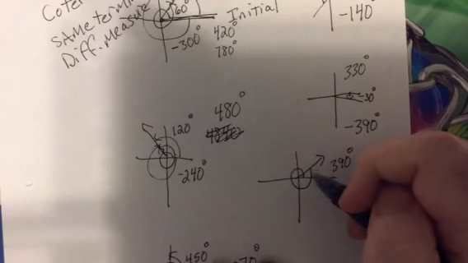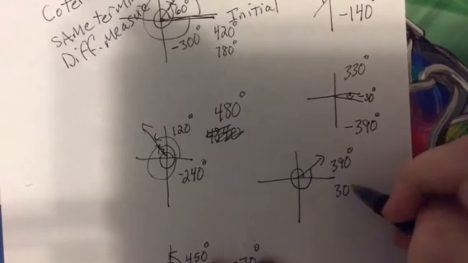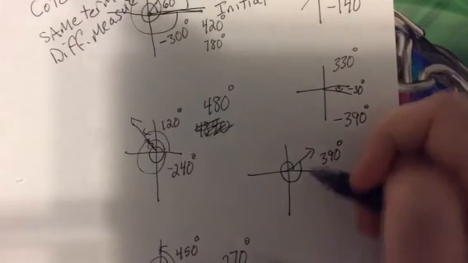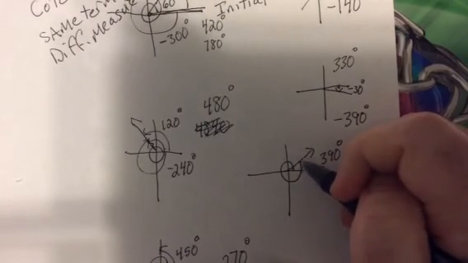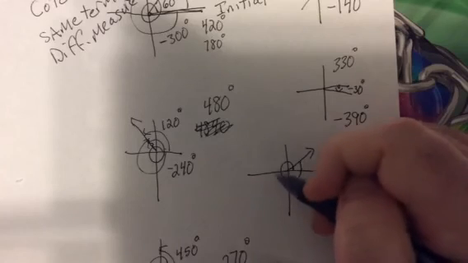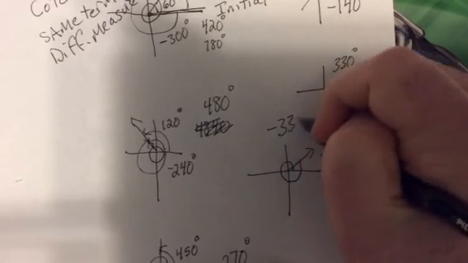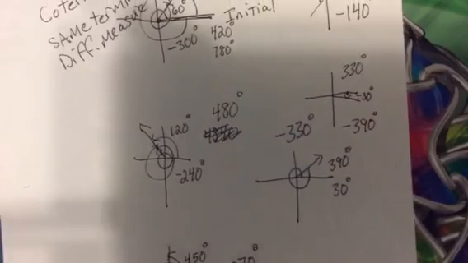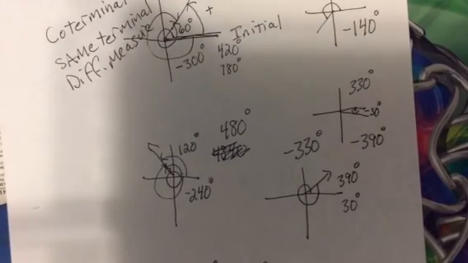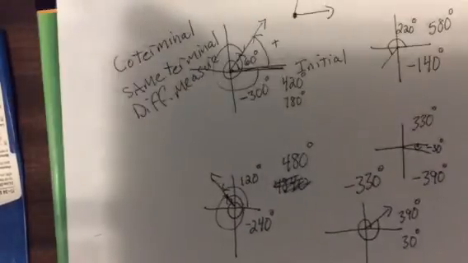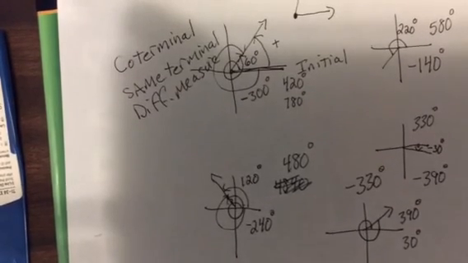So there must be 30 degrees left over. So 30 would be coterminal. Then if this is 30 right there, this must be a negative 330 because the full thing is 360. Or negative 360 if we're going in that direction. So that's coterminal. Really, there's not much to it. You just look at the circle.